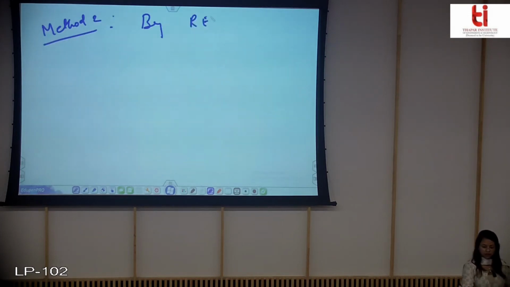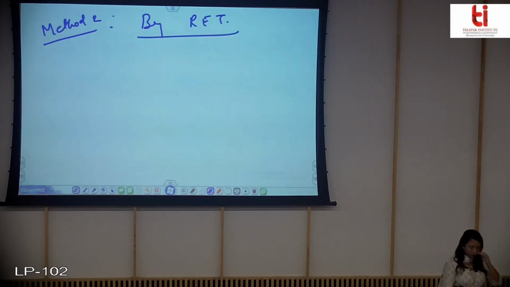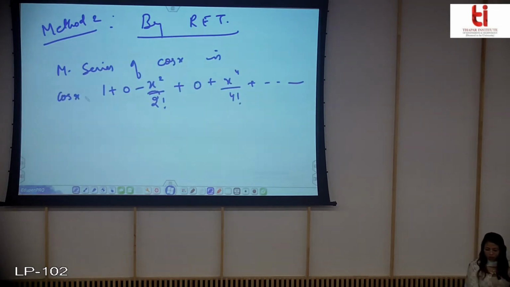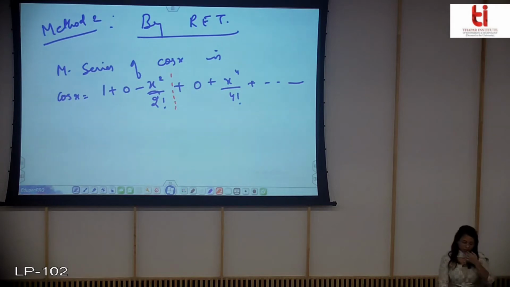So let's see, we will solve the same question by method 2, by the remainder estimation theorem. Okay, so now again the series of cos of x is written here. What you have to do is approximate cos x with only these two terms.